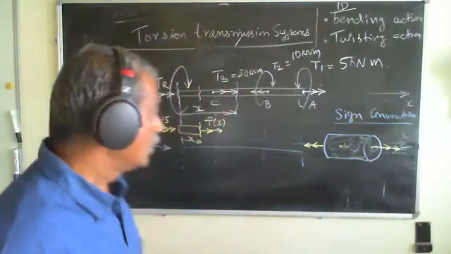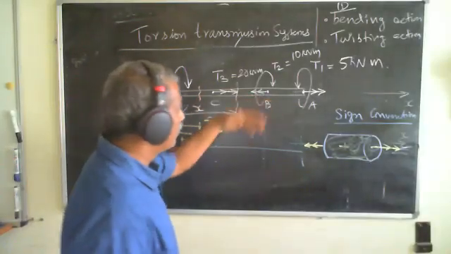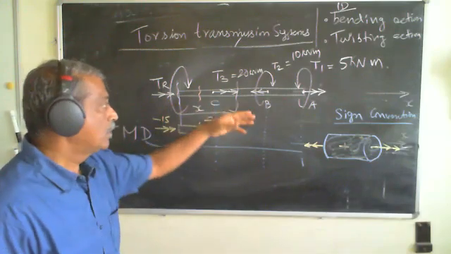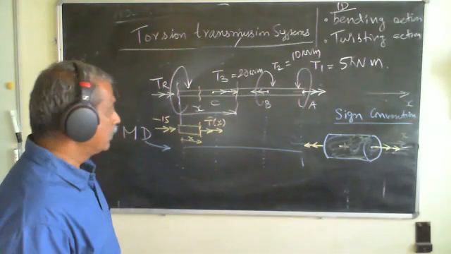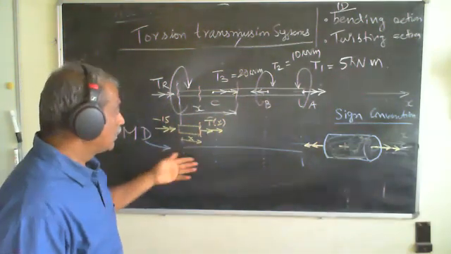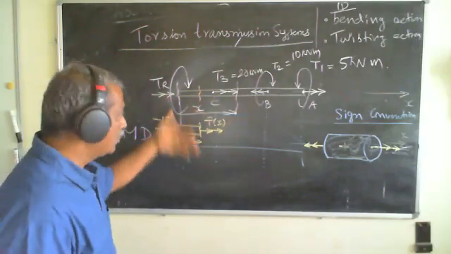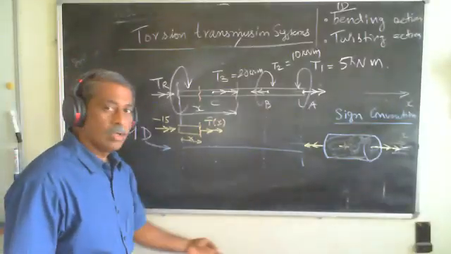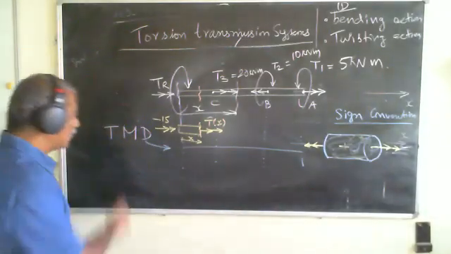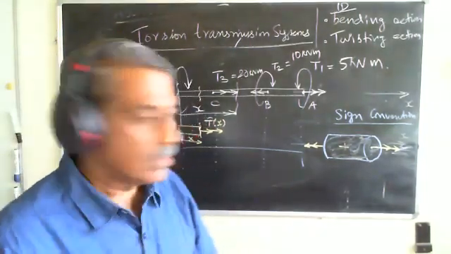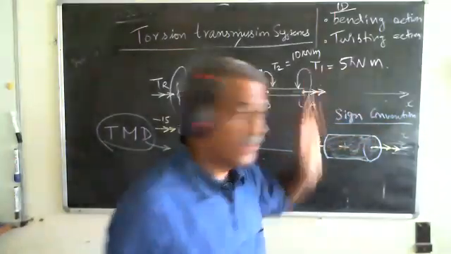Whenever you're given a shaft and the external torques acting on it, you can take the free body diagram and use it to draw the twisting moment diagram, TMD. This is what we did last time. We also discussed the sign convention and so on.